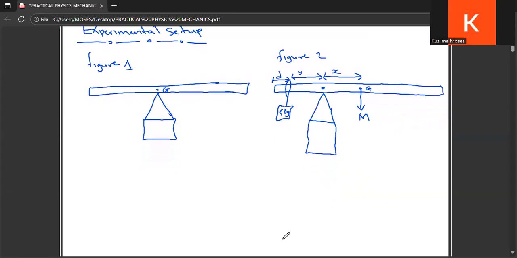Now from there, you must label. This is the wooden block. This is the knife edge. This is our standard mass.